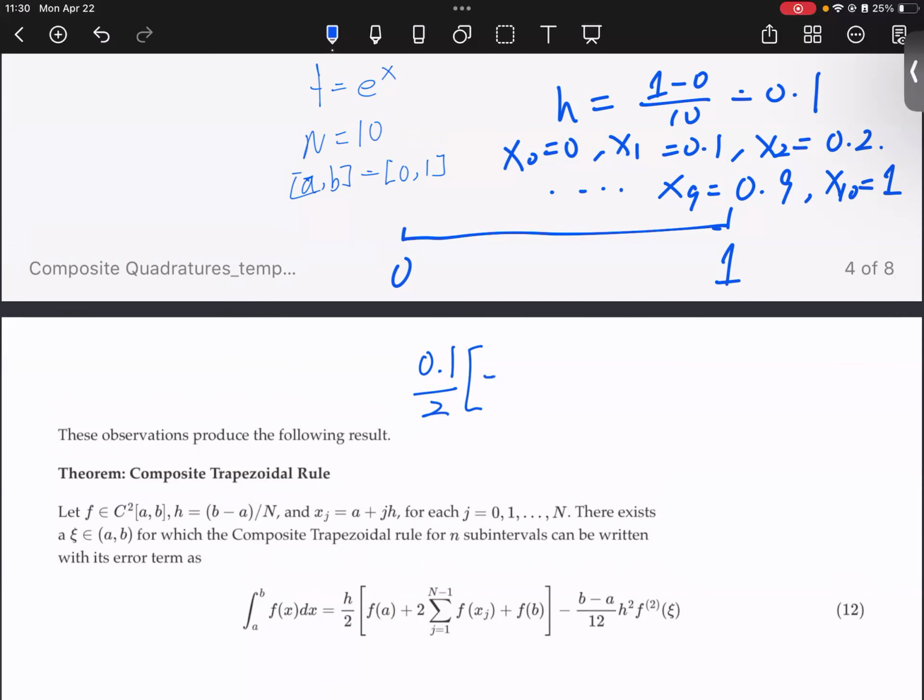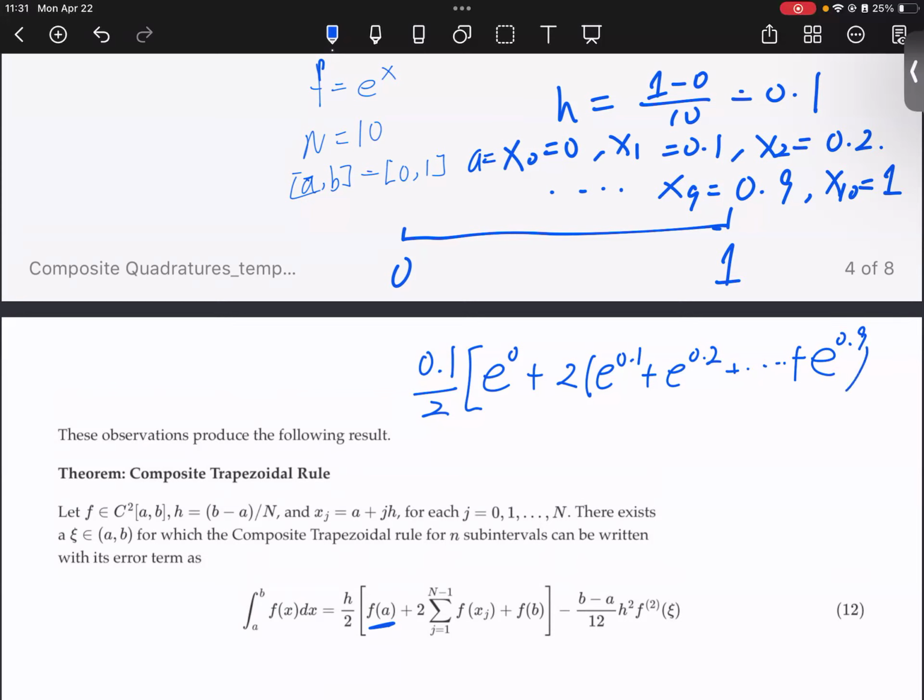We can do the exponential, the function we defined here. Exponential 0 is just the value at the point A. And all the things in between should have the coefficient 2, and we evaluate the function at x1, x2, up to x n minus 1, which is e to the 0.9 here.